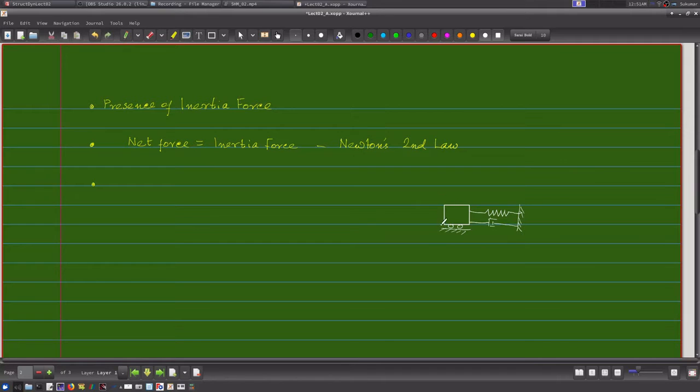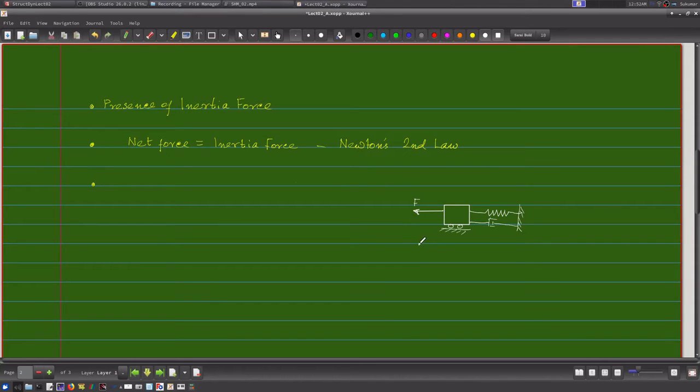Now, in order to start vibration of the system, suppose I pull the mass by an external dynamic load, say by a force F. So what will happen?